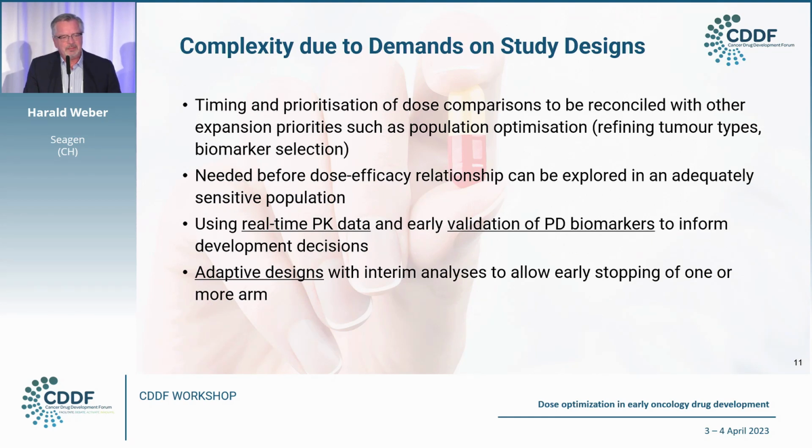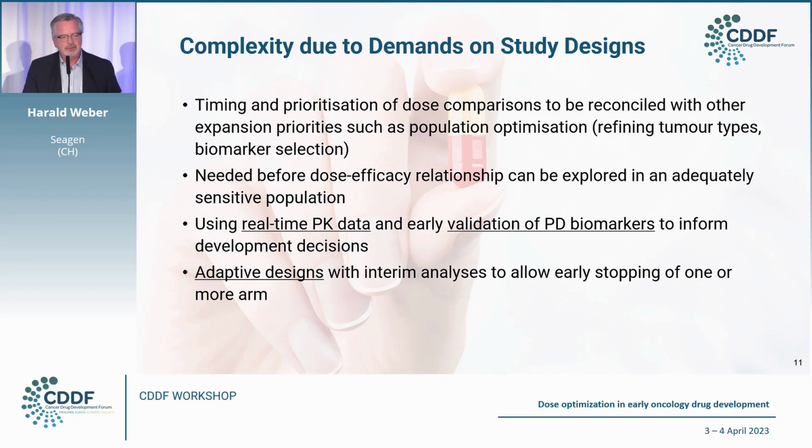So timing aspects and the prioritization of those comparisons have to be reconciled also with our plans to expand into different tumor types. And that is needed before the dose efficacy relationship can be fully explored in an adequately sensitive population in a registration-enabling study.